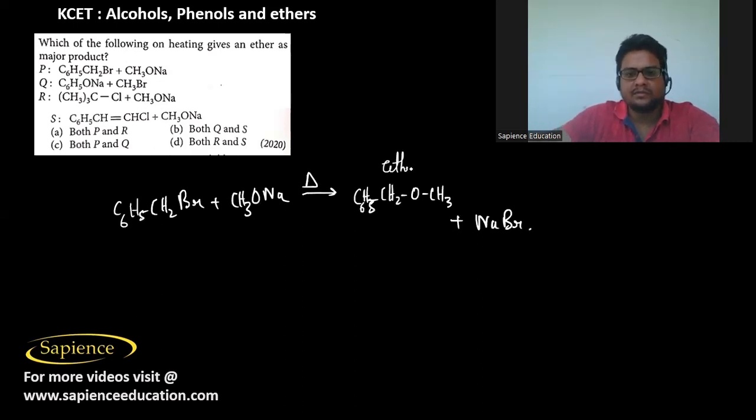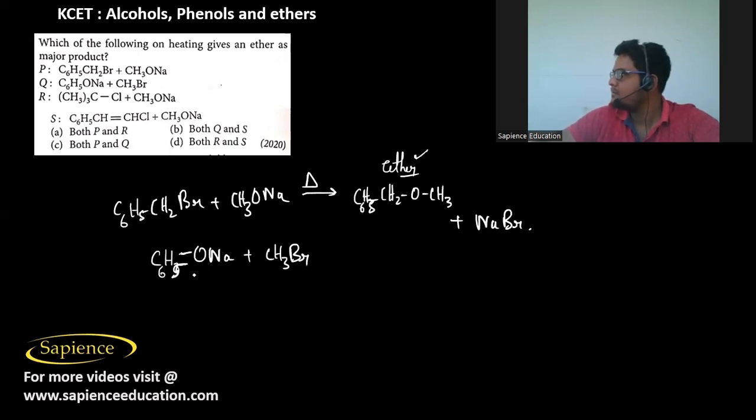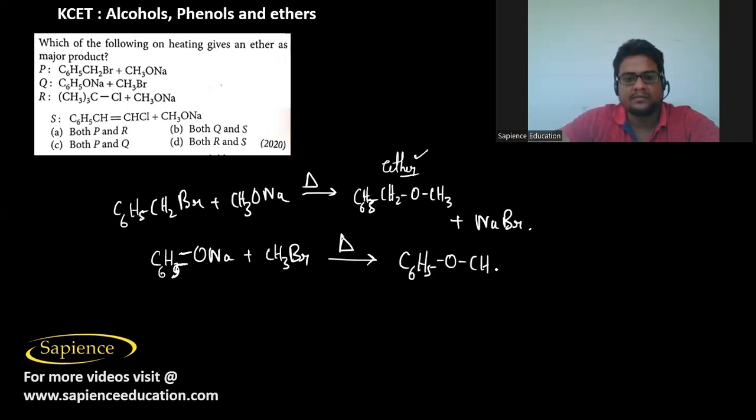So here an ether will be formed, obviously. And then in part Q, it is C6H5ONa plus CH3Br, and when it is heated, it will produce C6H5OCH3 plus NaBr.